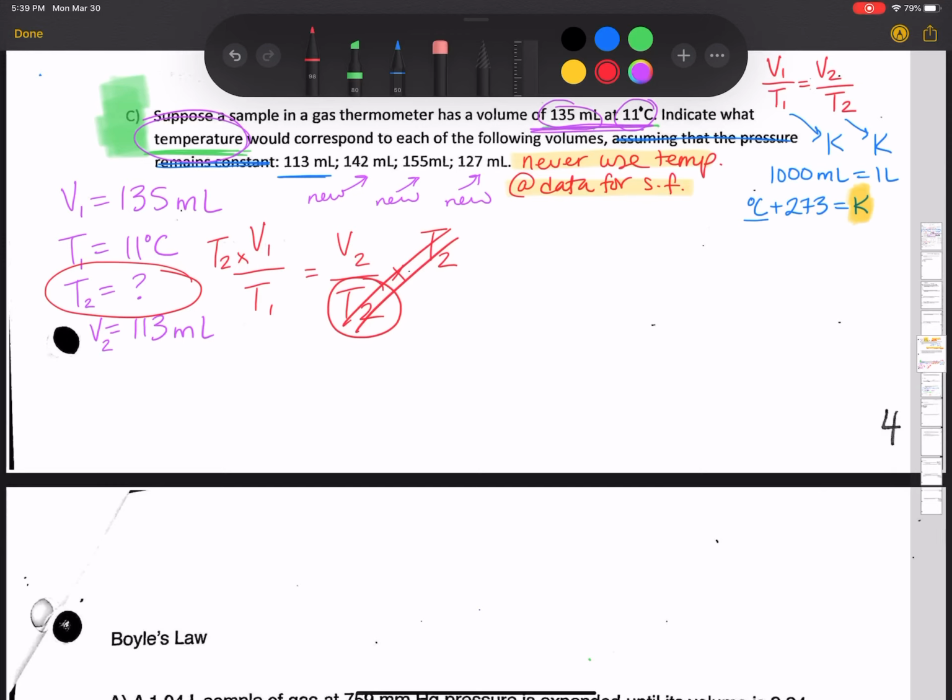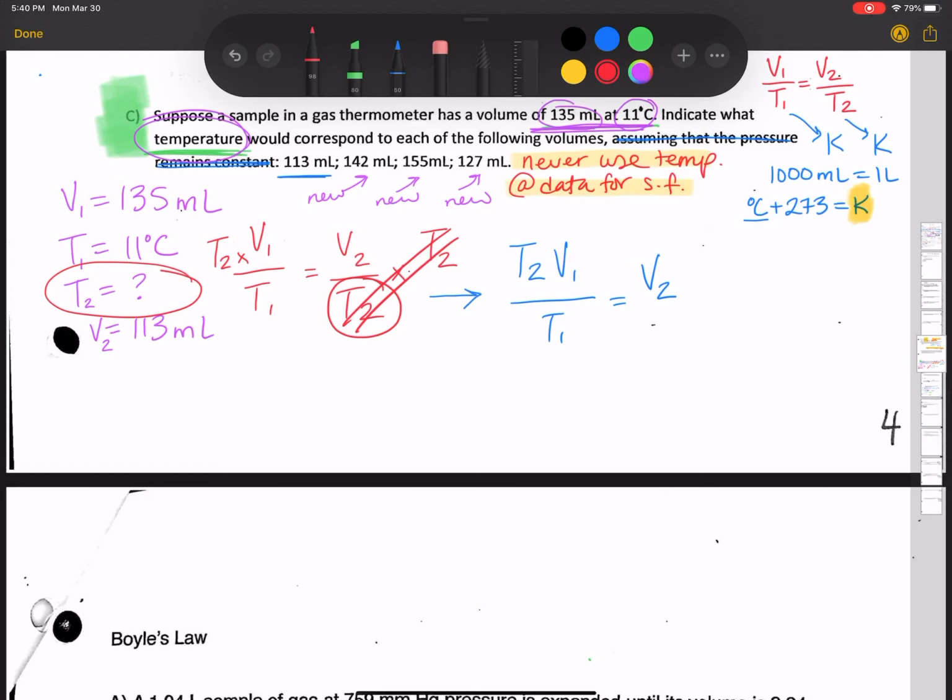I've brought it over to the left side. And notice that if I was solving for V2, I would be all set because now I have V2 equals T2 times V1 over T1, but I'm not solving for V2, I'm solving for T2. So now, since I'm left with T2 times V1 over T1 equals V2, my next step will be to get rid of everyone next to T2.